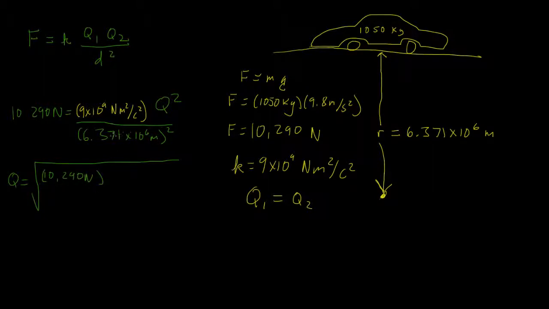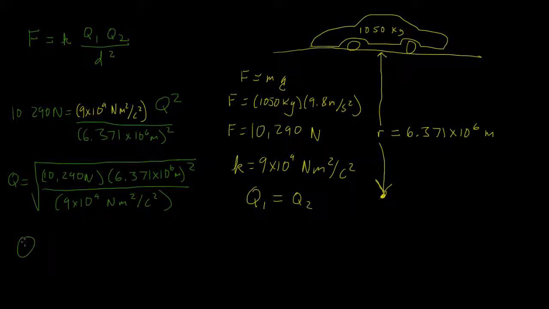We're going to multiply by the radius of the Earth squared to bring it to the other side, and then we'll divide both sides by 9 times 10 to the 9th newton meters squared per coulomb squared. Okay, and this will tell us what Q should be.